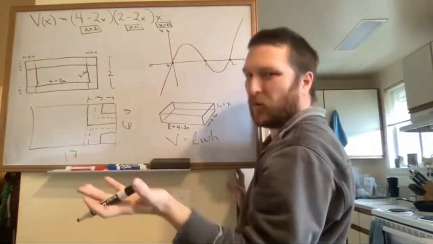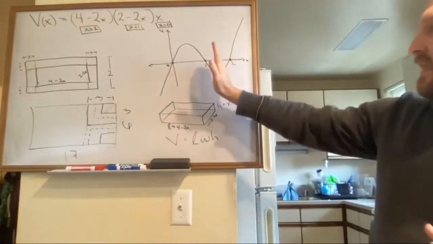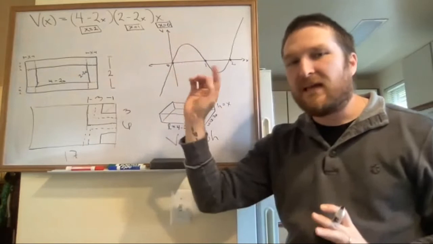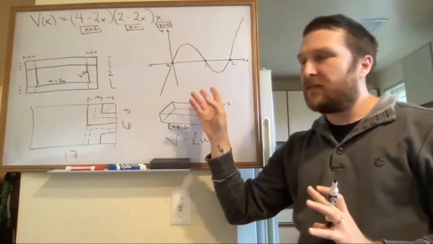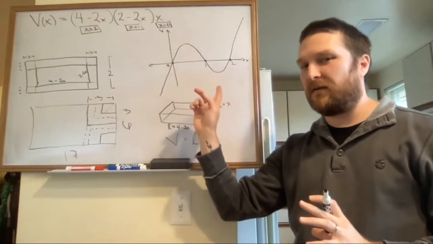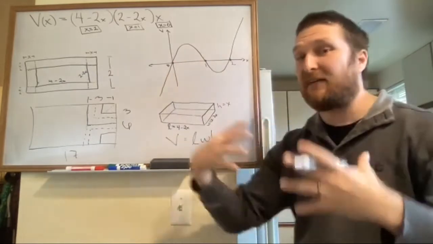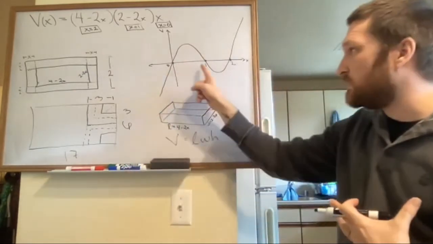Okay, so now, and this is what's nice about graphing this thing, we could identify that there is a specific range where this is going to work. And it's got to be between 0 and 1. My graph tells me that this works between 0 and 1.